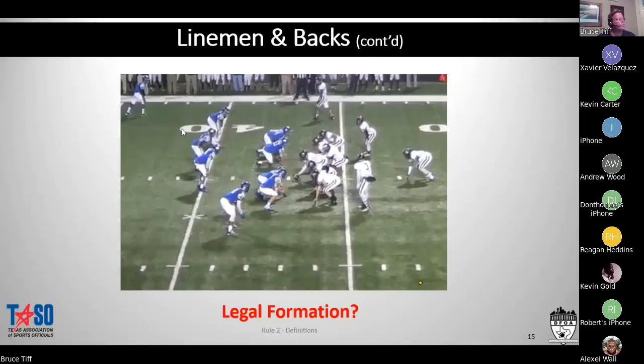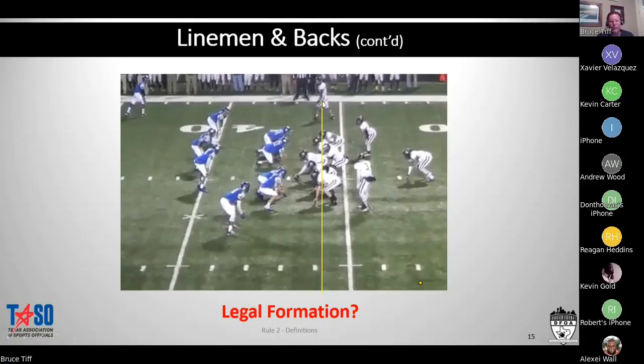Okay, so here we have a picture. Yes, I know we don't have 11 players in white. There's one that's out of frame down here on the bottom, but we don't really care about that. I wanted to just kind of draw a line here through where the snapper's waistline is, and let's talk about who's a lineman and who's a back. I think we can see here that both guards, both tackles, this wide receiver on the top, and we're going to assume this wide receiver on the bottom as well, are all complying with being a lineman.